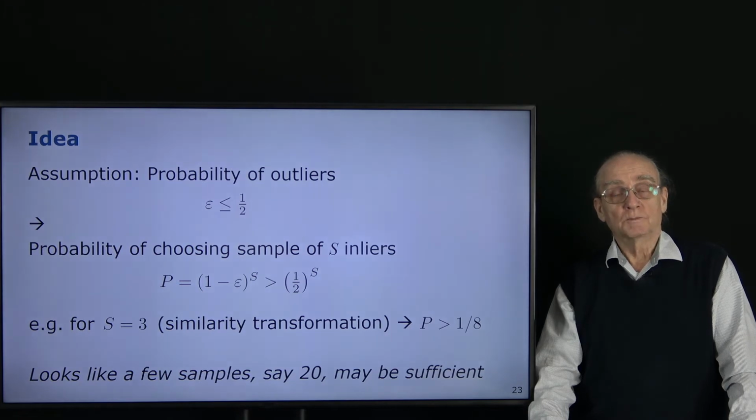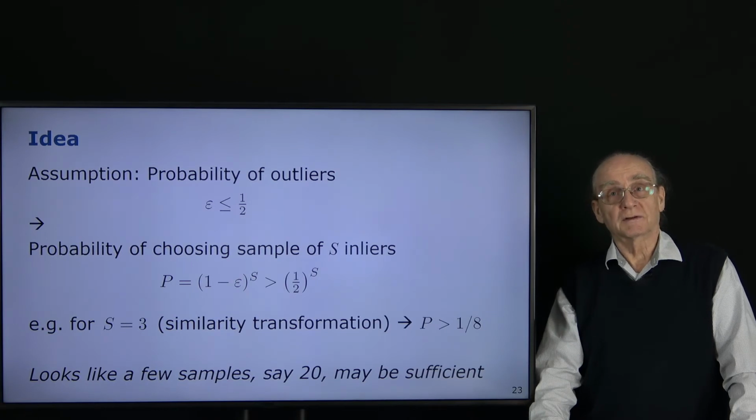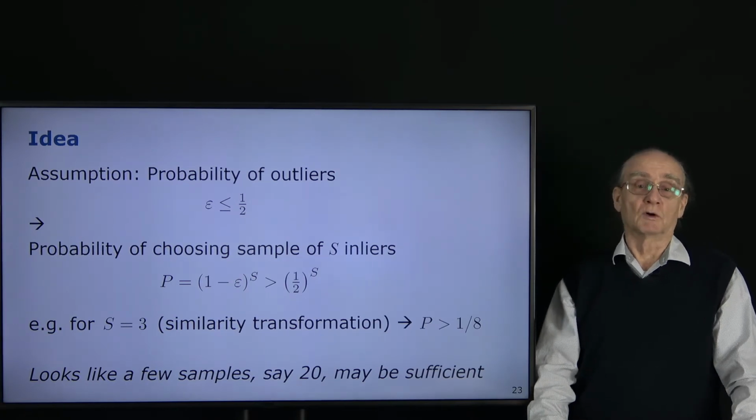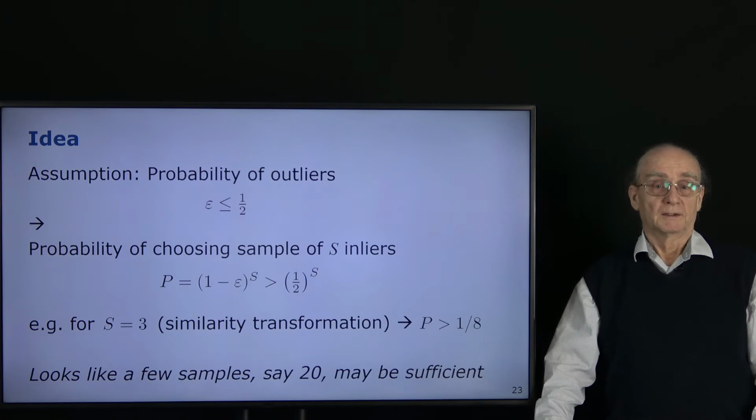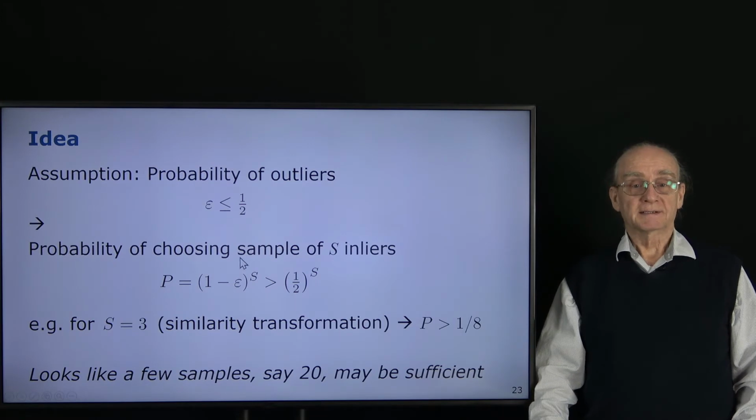Now let's assume the breakdown point of our method cannot be larger than a half. That means let's assume that the percentage of outliers is smaller than a half. That means the probability of choosing a sample of S inliers is the following.